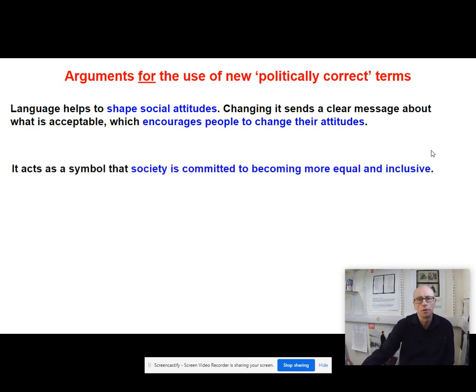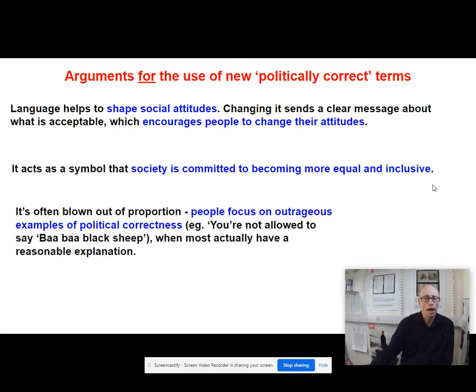Also, politically correct language acts as a symbol that society is changing. Society is becoming more inclusive. Society is becoming more equal. And people who argue on behalf of politically correct terms often show that the arguments against them are so-called straw man arguments.